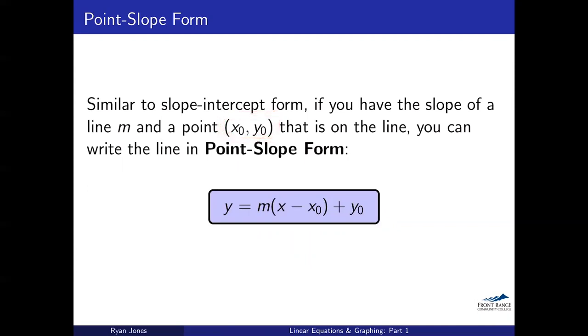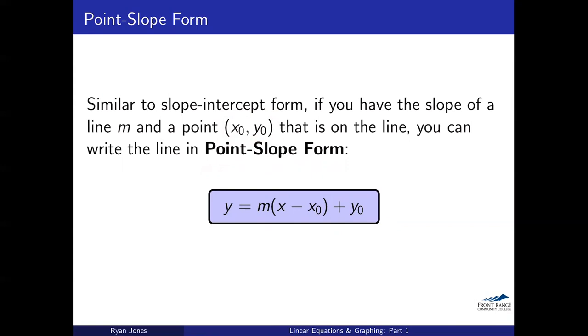We can write this in what we call point-slope form, where my m just gets plugged in right there in a very similar fashion to slope-intercept form. And this point here gets plugged into the x naught, y naught that we see here.